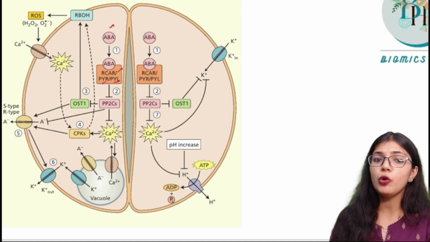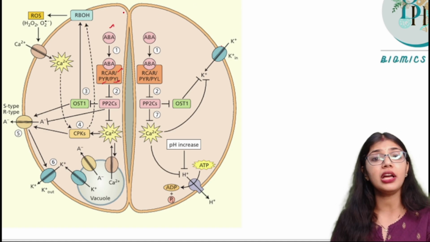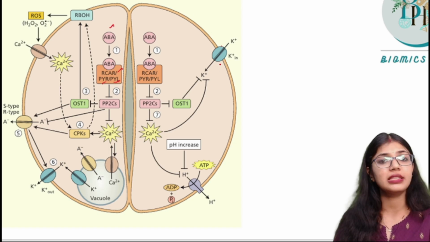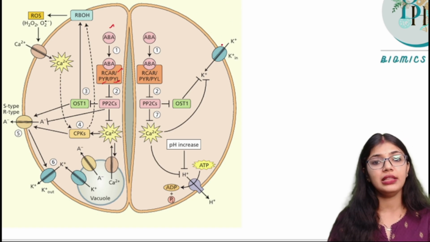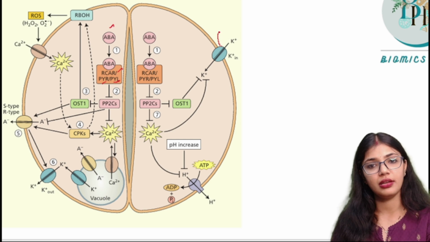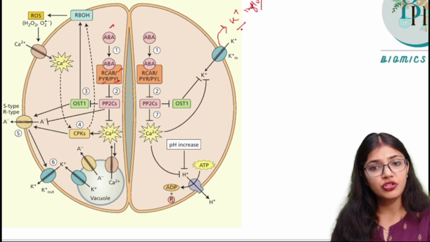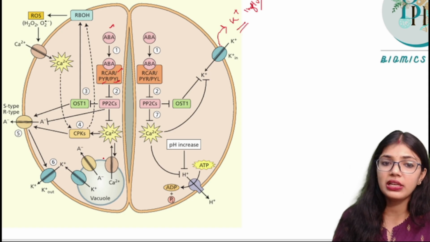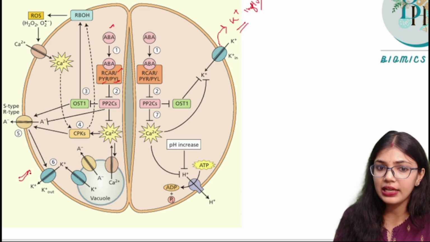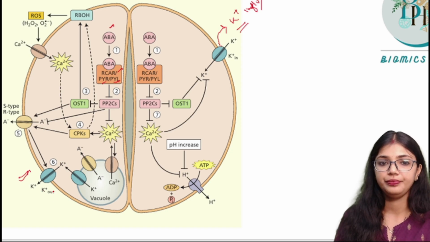Before going in depth, we have to understand what components are present in this guard cell. In this guard cell, there is a K+ influx channel, a potassium influx channel. This potassium has both the influx as well as efflux channel. Here we can see the efflux channel.